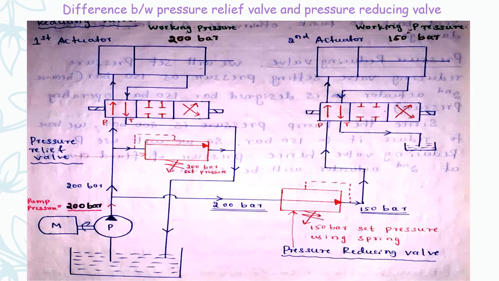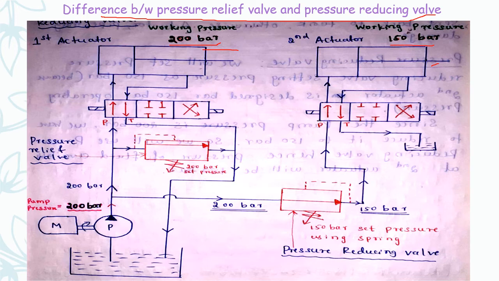Now we will see the difference between a pressure relief valve and a pressure reducing valve by taking an example of a hydraulic circuit showing two actuators, one working under a working pressure of 200 bar, the other with 150 bar.